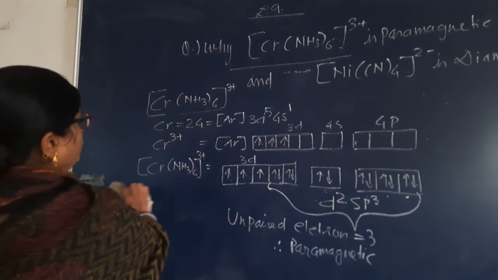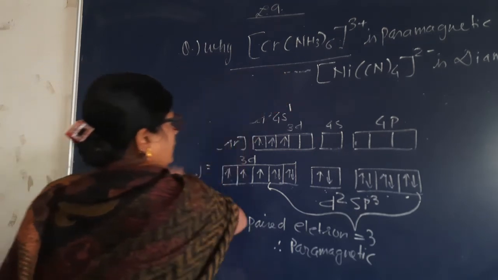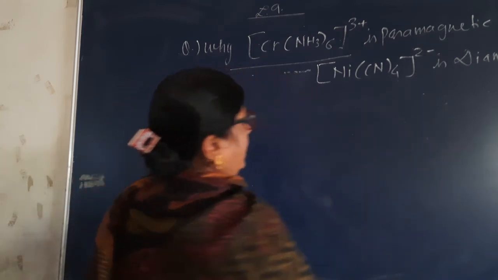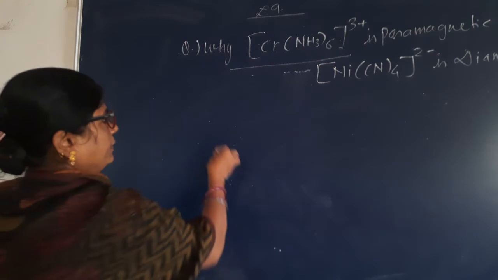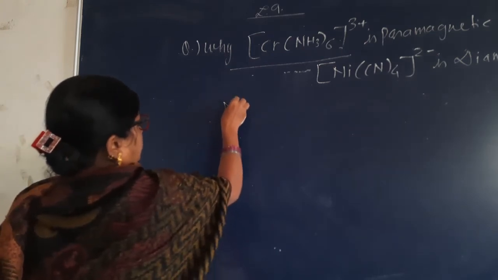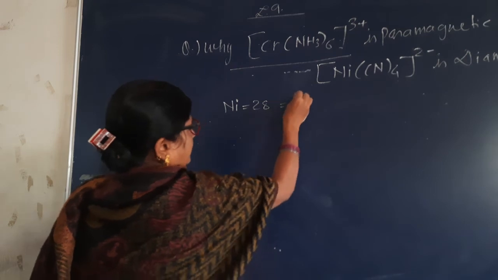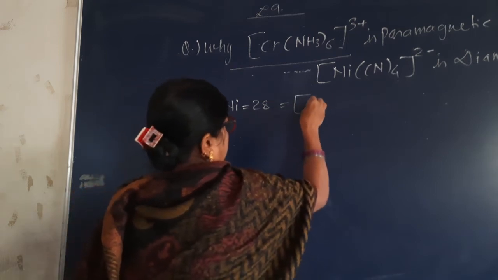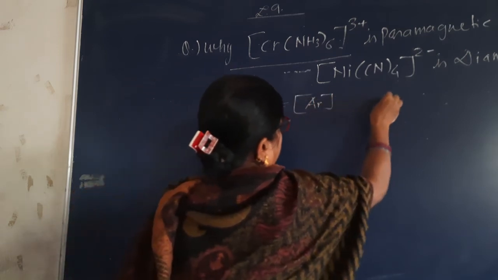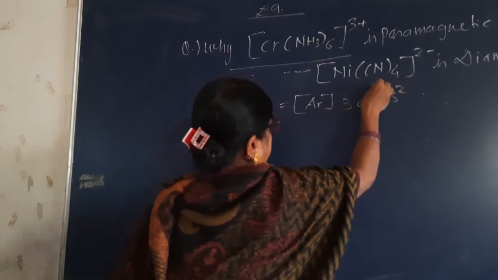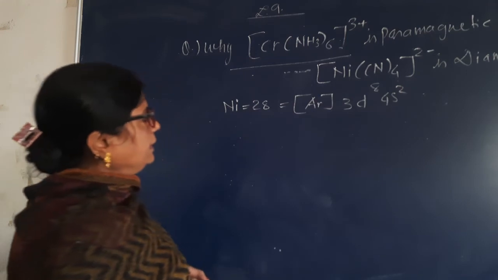Now let me show you what about Ni(CN)4. Ni, so nickel is 28, so we will write here argon 18, 2, 20, so 28, it will be written like this.